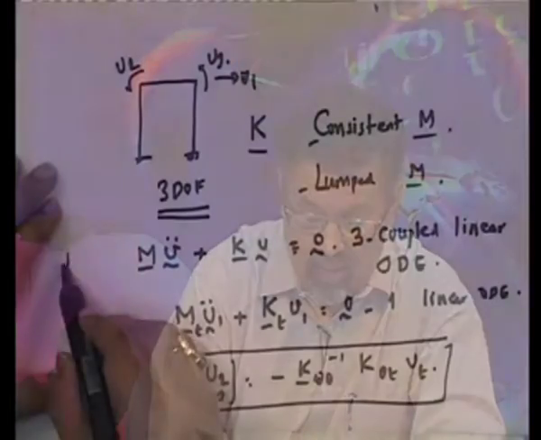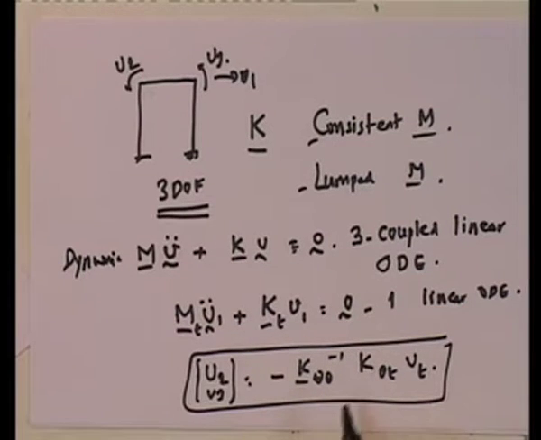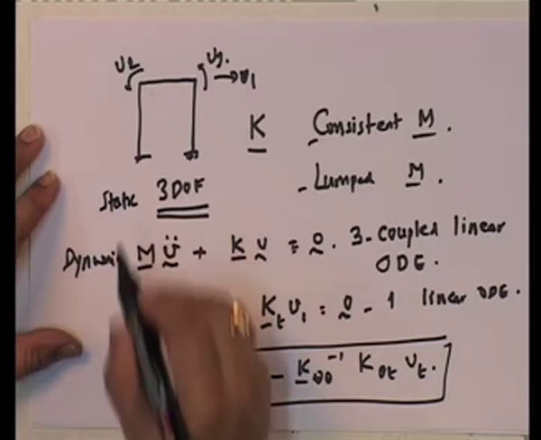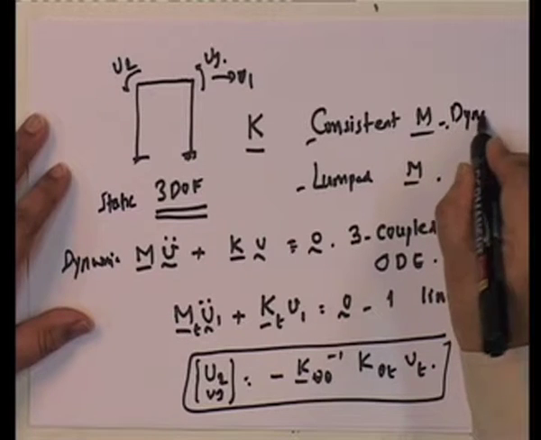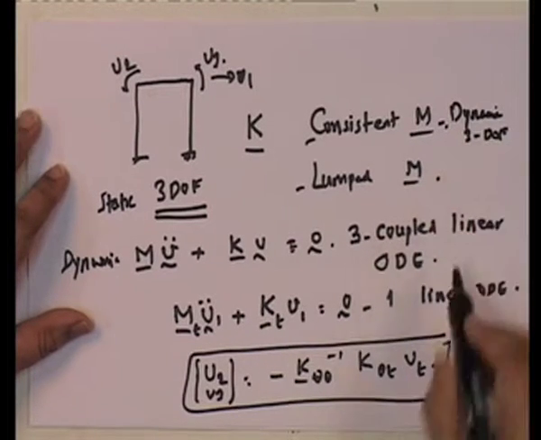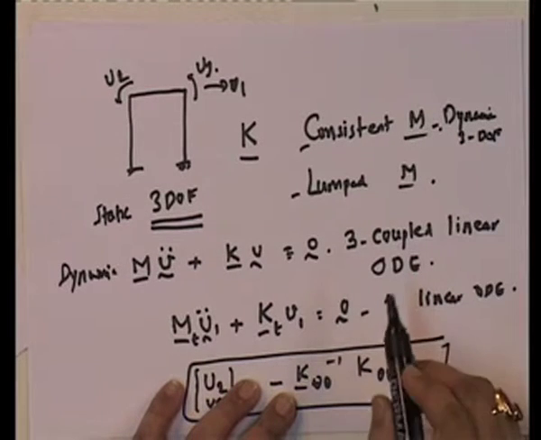The only thing that happens is that the dynamic problem is ODEs. So, static is still 3 degrees of freedom, consistent mass, dynamic also 3 degrees of freedom, because you still have to solve 3 linear ODEs and they are coupled.